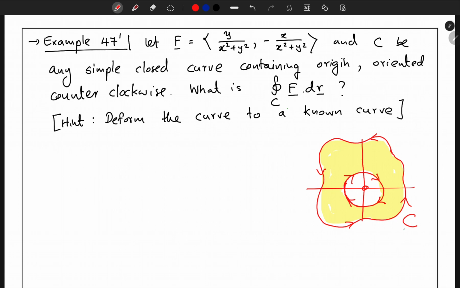So the outer boundary is C, let's say, C prime is the inner boundary. Let's say D is the region in between.